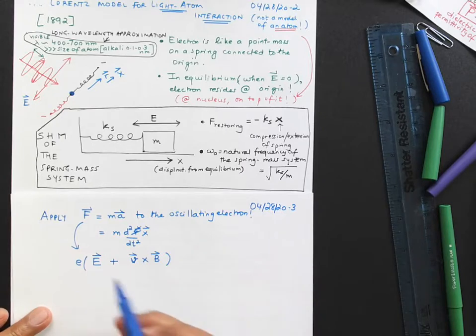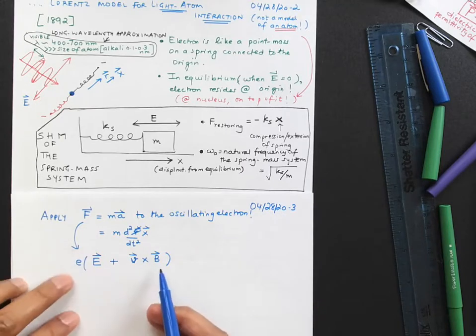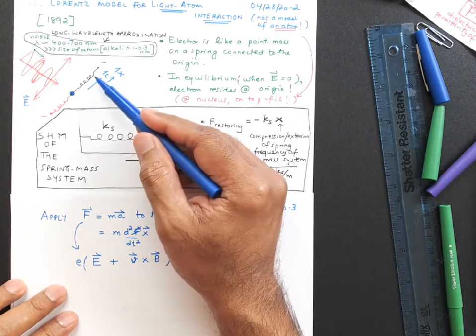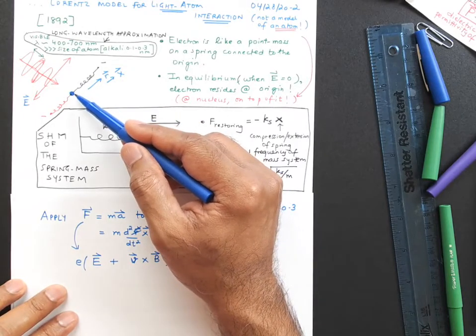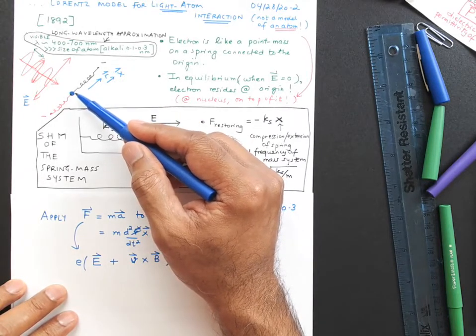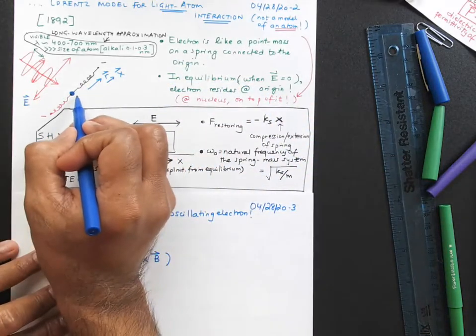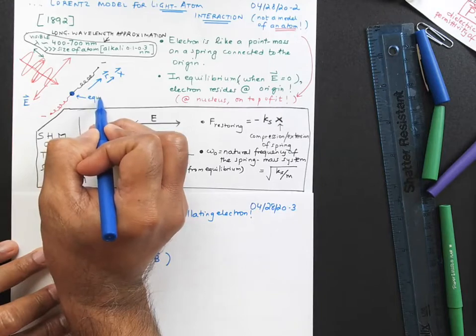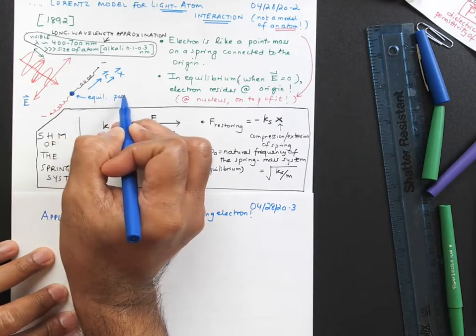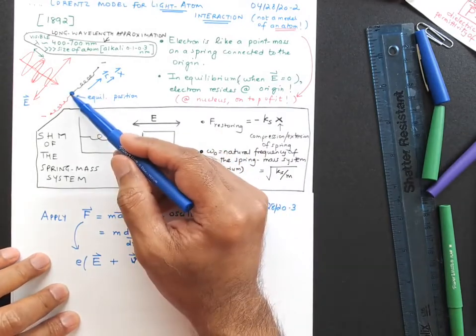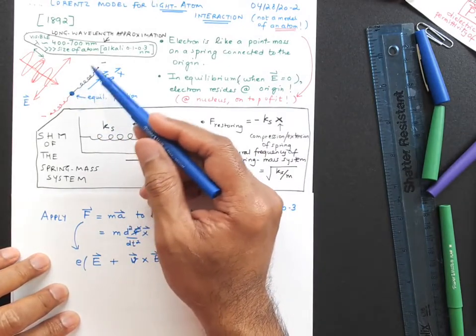All right. So there's the Lorentz force, but now the only difference is that you also have the fact that the electron is tied to the origin in some way, to its equilibrium position. So this is the equilibrium position, and it's tied to that. And we know that it's as if it's tied to the nucleus through the electrostatic force and things.